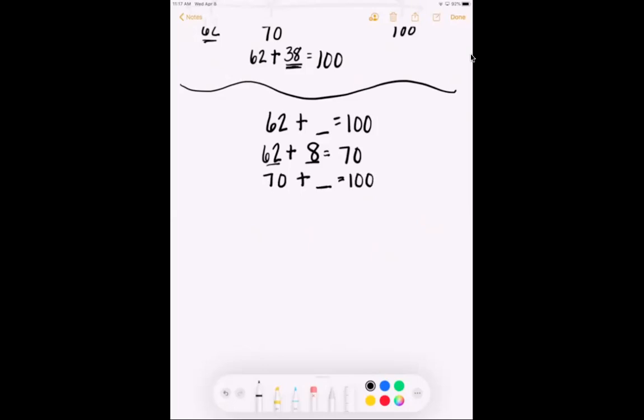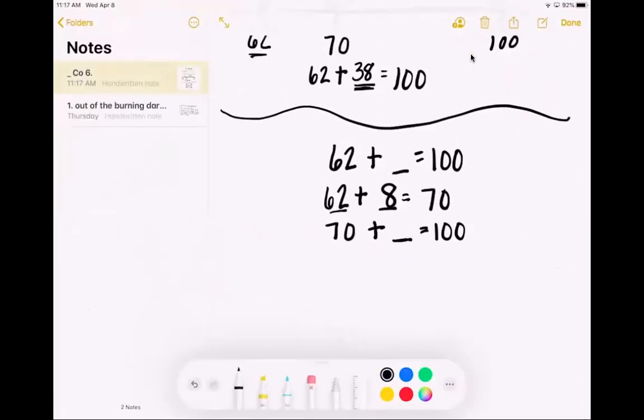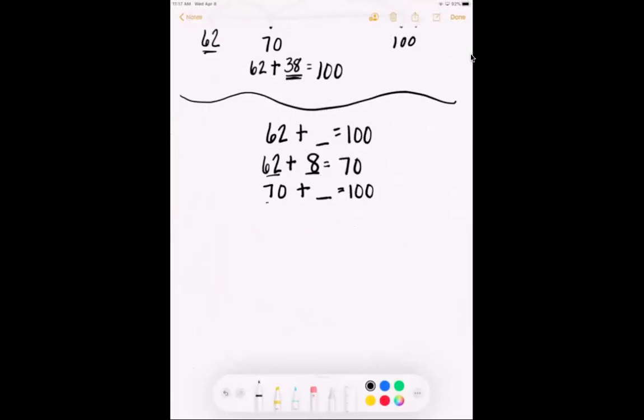I can think of this as a smaller equation. I didn't mention this in my last example, but I thought this would be a nice spot to mention it. Last week when we watched our video about adding tens and subtracting tens and 100s, we took a look at 7 plus something equals 10.